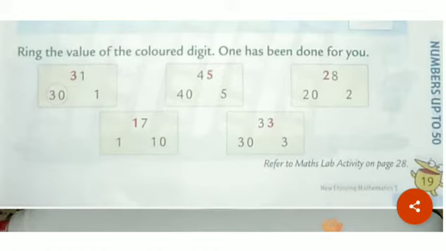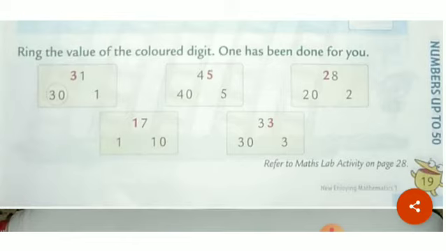Now see the next question given on the same page, page number 19. What is the question? Ring the value of the colored digit. One has been done for you. We have seen the place value now. You know the place value. Now here 3 numbers are given. In the middle number, one digit is colored and you have to find out its value in the remaining 2 numbers and ring it.